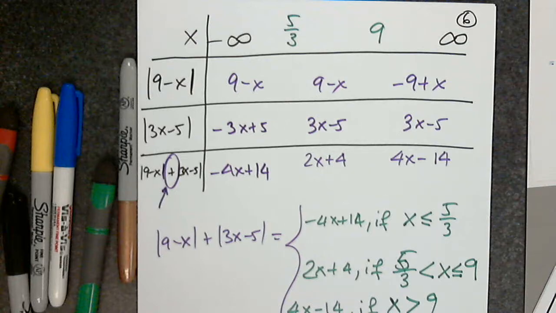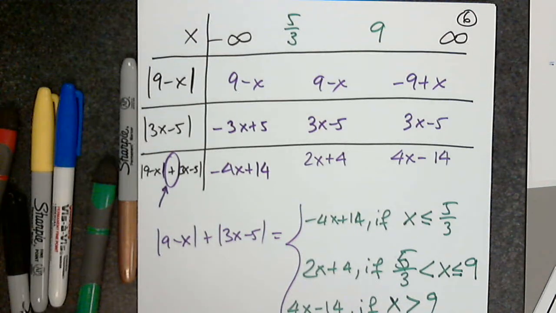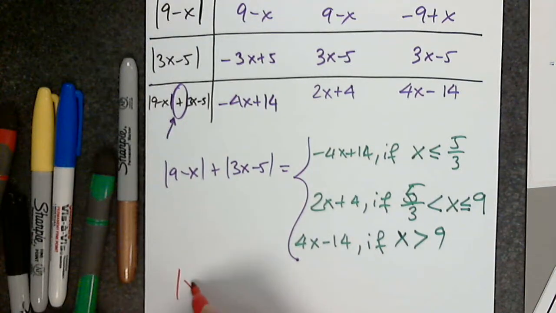Here you said we're doing 7. Oh yeah, 7. So the absolute value of x minus 1 minus the absolute value of x plus 2.